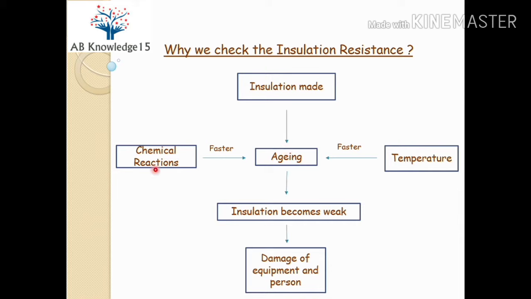The chemical reactions and the temperature of the electrical equipment or insulation make the aging process fast. Due to these processes, the insulation becomes weak, and thereby there is a chance of damage to the equipment as well as to personal safety. That's why we have to check the insulation resistance.